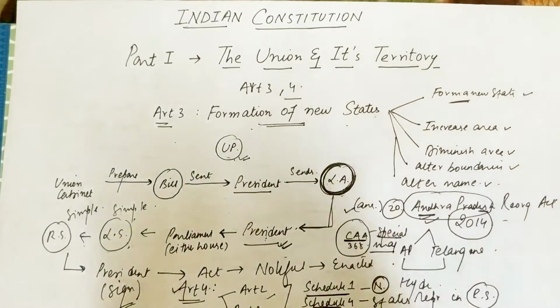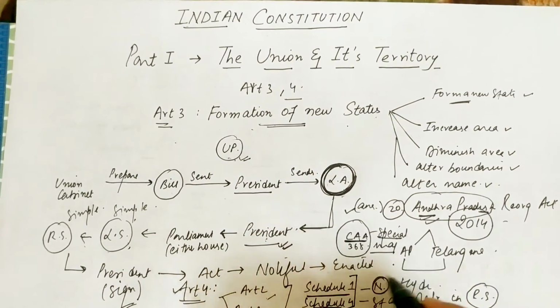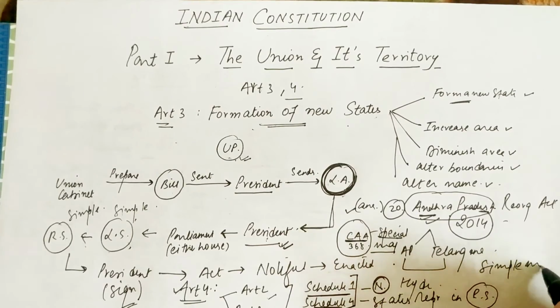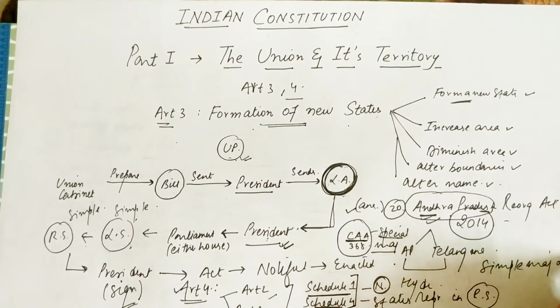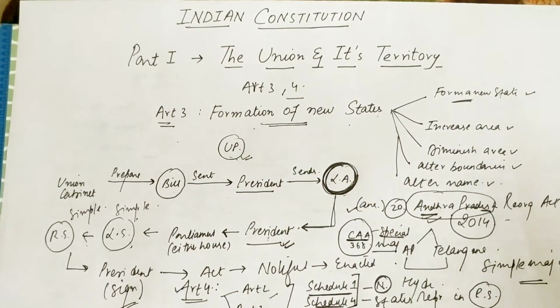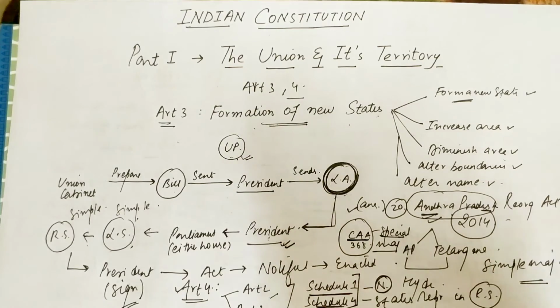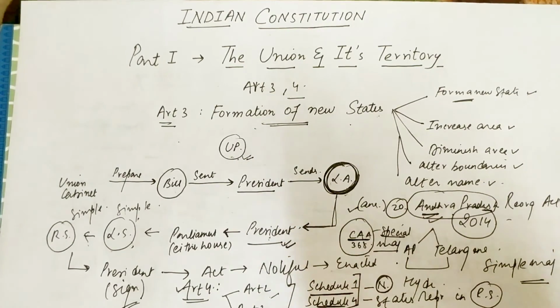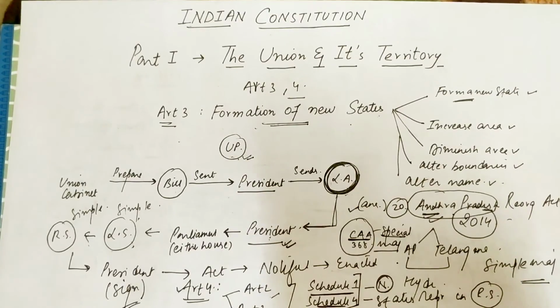That means this can be amended simply by simple majority. We don't need special majority for this. So this was about Article 3 and Article 4 of the Indian Constitution, which comprise Part 1. And with this we finish Part 1 of the Indian Constitution, the Union and its territory.